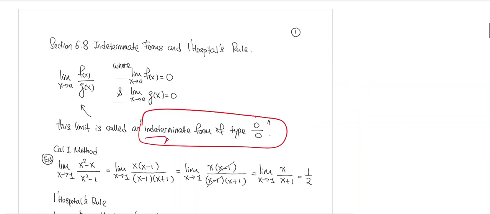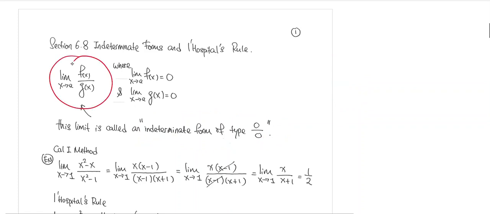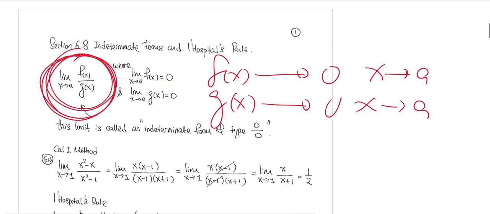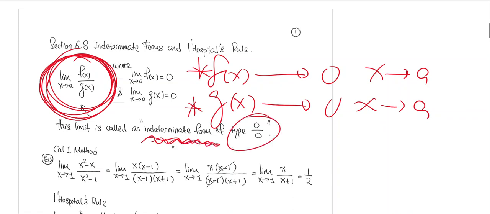When we say indeterminate form of the type 0 over 0, we are talking about limits where f(x) goes to 0 when x approaches a, and g(x) goes to 0 when x approaches a. So when you are studying limits with these two properties, we say that this limit has an indeterminate form of the type 0 over 0.